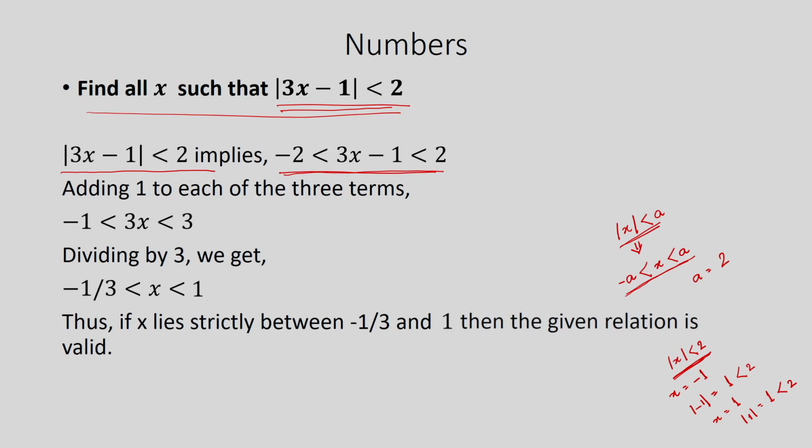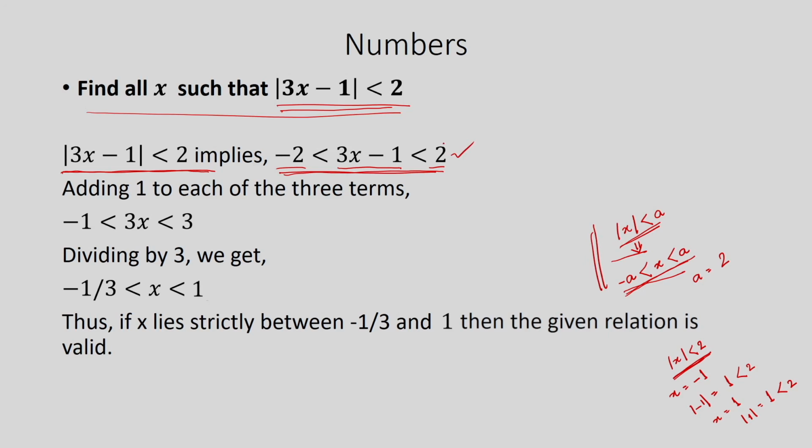So, since we know that modulus of 3x minus 1 is strictly less than 2, whatever is within the modulus symbol, that is 3x minus 1, is strictly less than 2 and strictly more than minus 2. We are following this pattern that is getting replicated here.